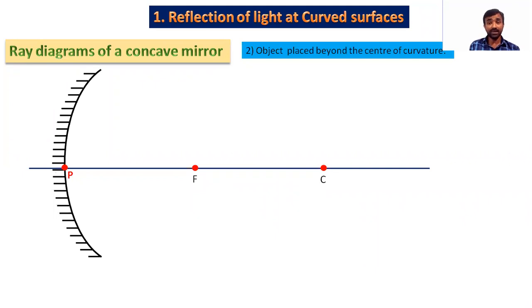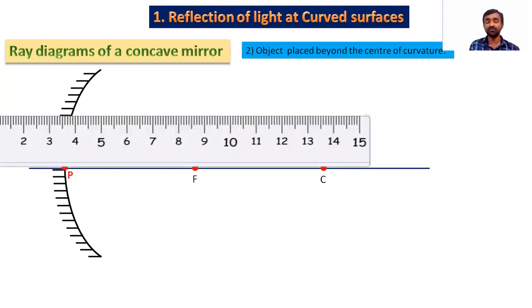Then as the object, I am using here one upward arrow. That upward arrow height also I'll follow logically. That is exactly the width of the scale. So the position is beyond the center of curvature. So I placed the scale as you see on the screen.